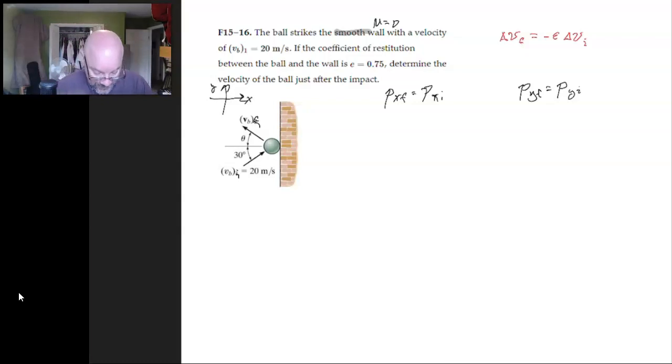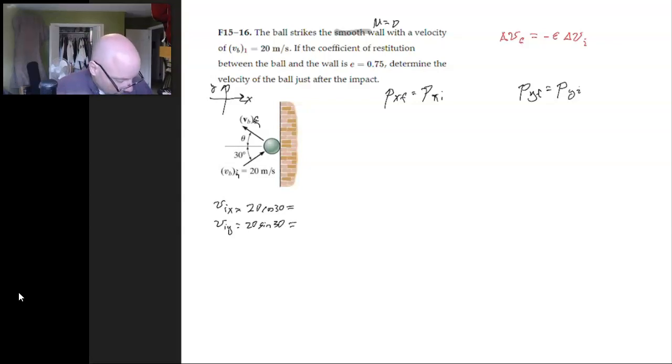So let's do it like this. We're going to have V initial X and V initial Y. Okay, it's a 30-degree angle. So we're looking here at 20 times, for X, 20 times the cosine of 30. And the other one will be 20 times the sine of 30.